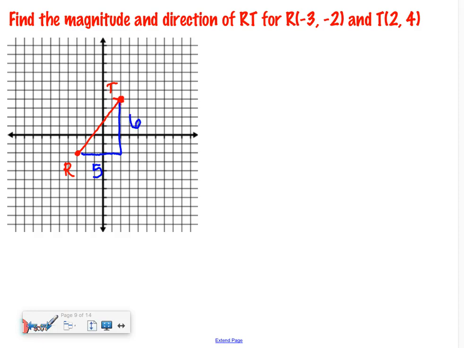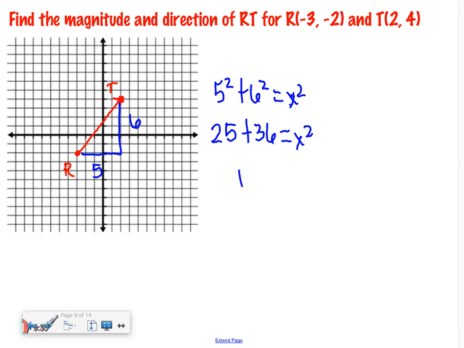So what did you guys get? And now just 5 squared plus 6 squared equals x squared, c squared, whatever variable you want to use. Hopefully we're getting square root 61?